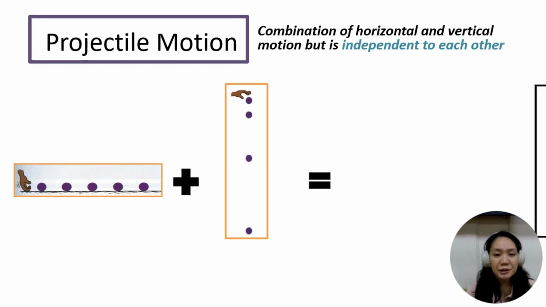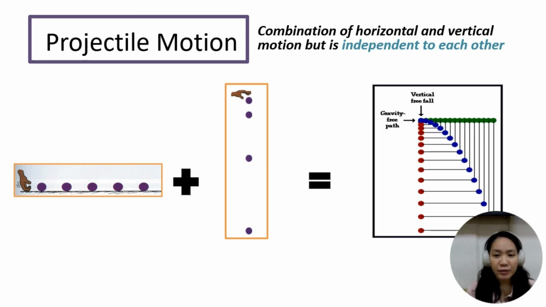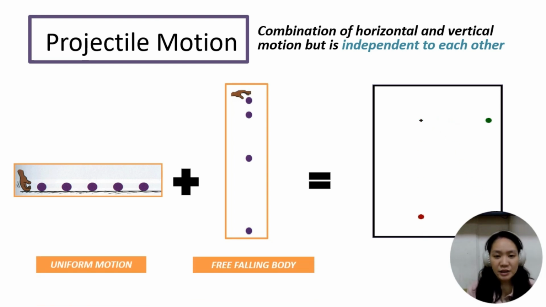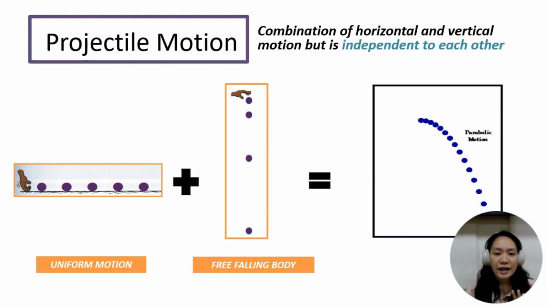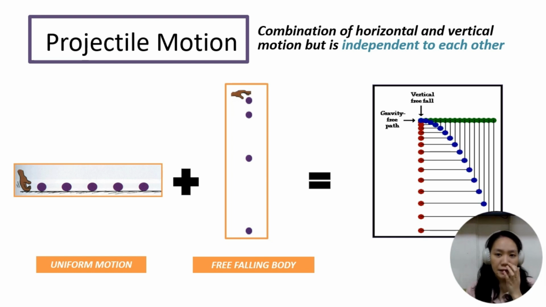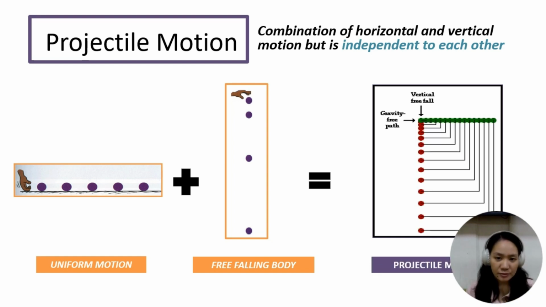And when these two are combined, what is created is the curved path of projectile motion. Please remember that these two motions, uniform and free-falling motions, are independent of each other, and thus projectile motion can be evaluated only by separating the horizontal and vertical motions.